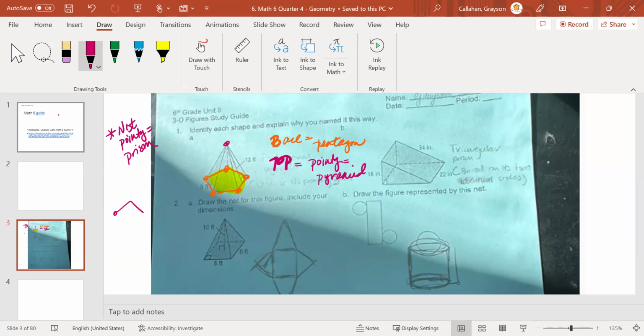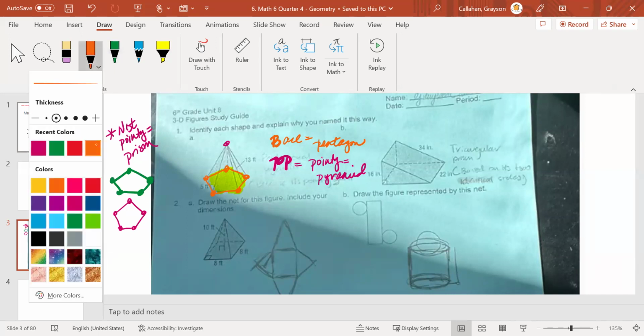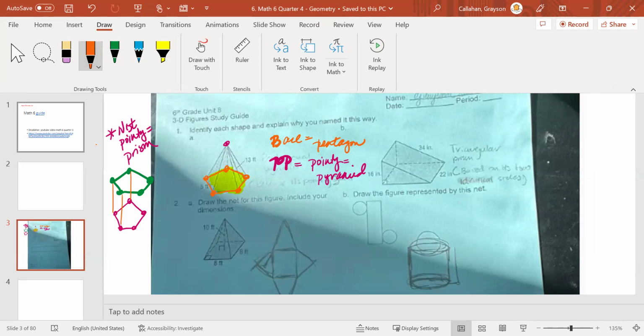Like if this is what you have here, and let's say you have another one, you'll have the base, top, and bottom, right? And the only thing that's connecting it is like that. Does not make sense. I totally screwed that up. Hold on. This goes here, this goes like that, right?